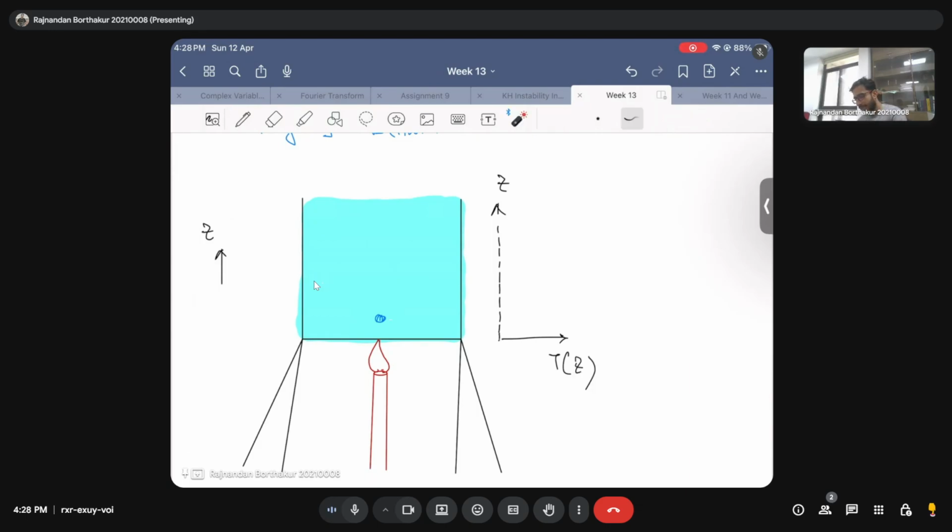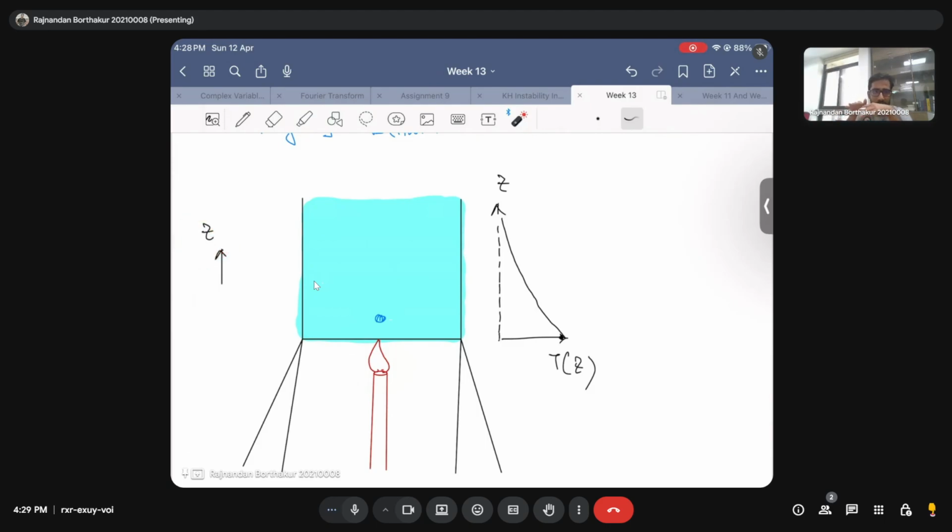Since there is a candle locally heating the fluid at the bottom, I know that at the bottom my temperature is somewhere here. This temperature is going to decrease when I increase the height, basically when I go along the plus z axis. That's obvious, right?